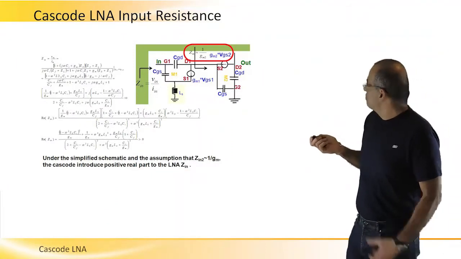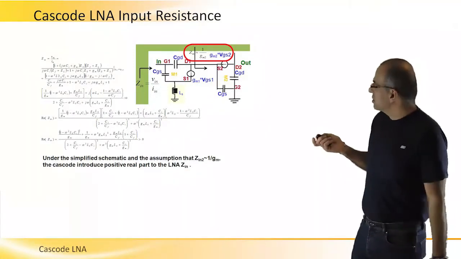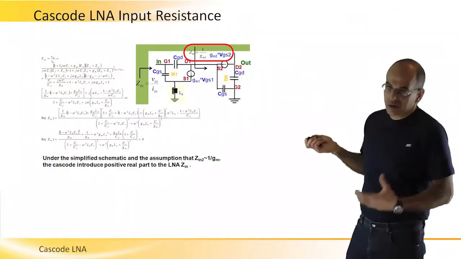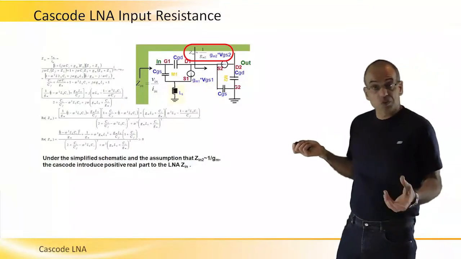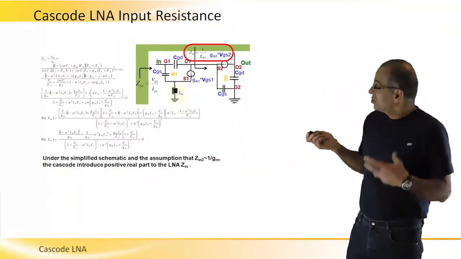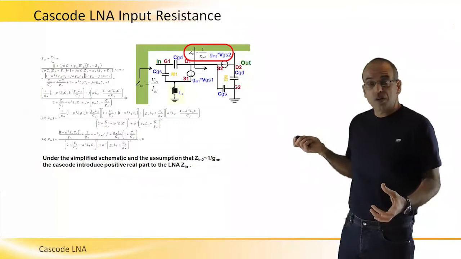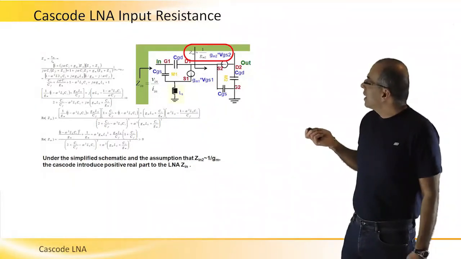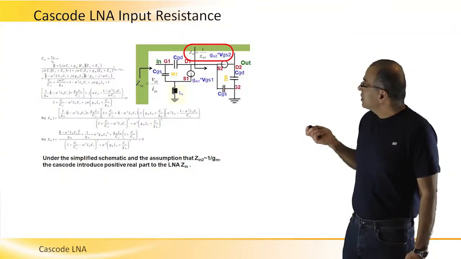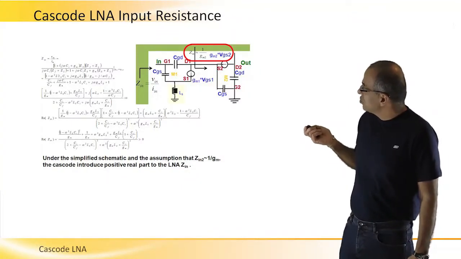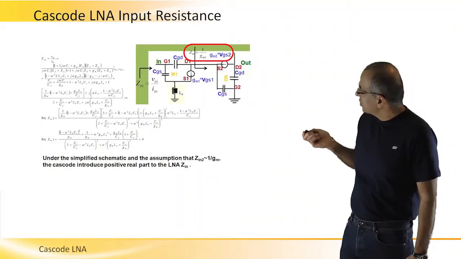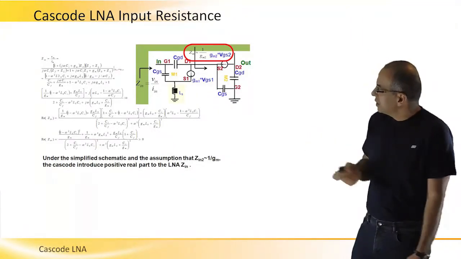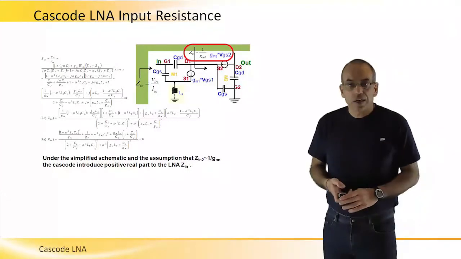So just to complete the analysis, we can assume that the problem is only important at low frequencies, as we mentioned before, because this is where inductors have high quality factor and the transistors have higher gain. At these frequencies, we will just assume that all this circuit just presents 1 over GM2 to the common source LNA.